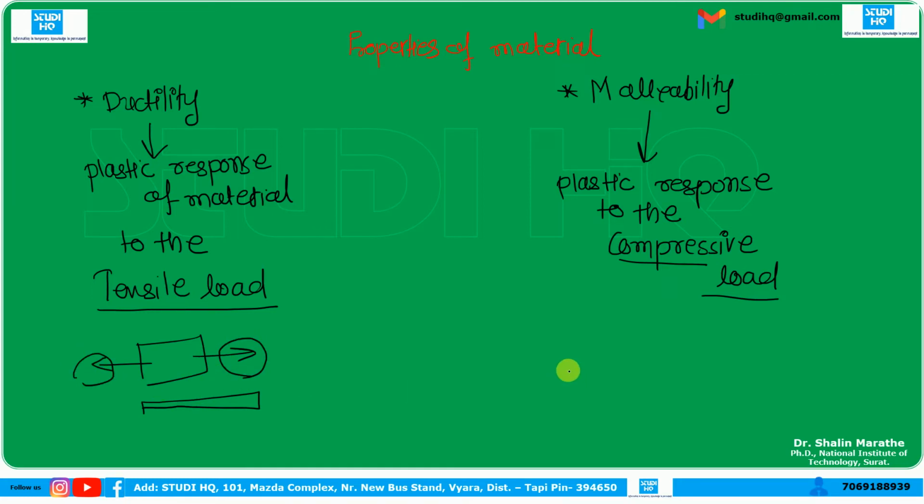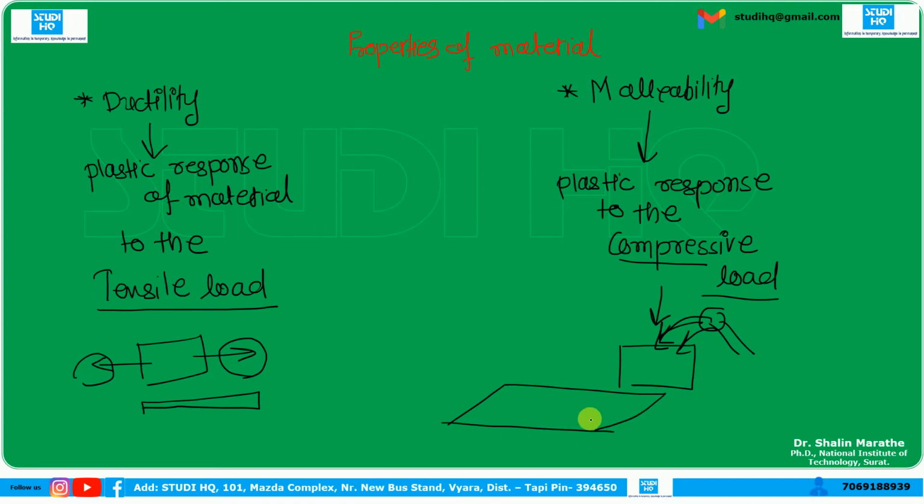Okay, and what is malleability associated to? Suppose this is the block, and with the help of a hammer I am applying mechanical blows. I am hammering onto this particular block, and I am converting it into a big sheet.